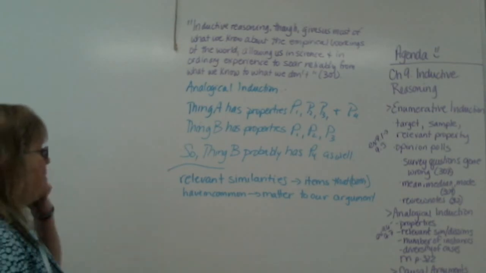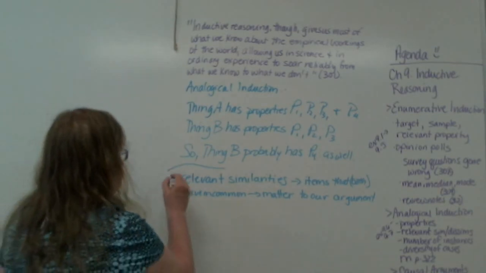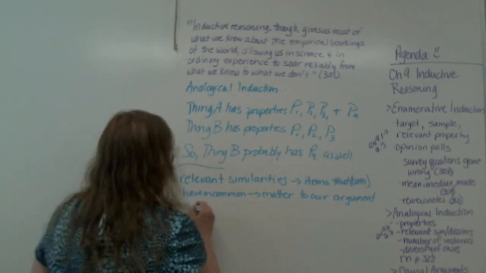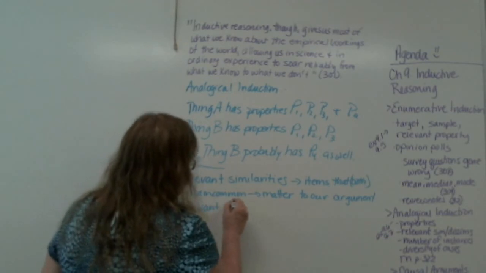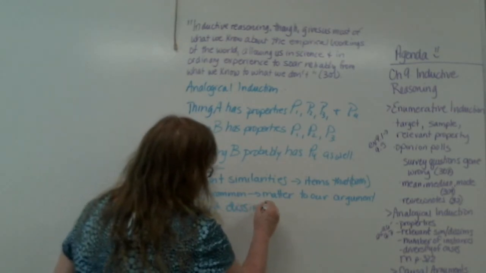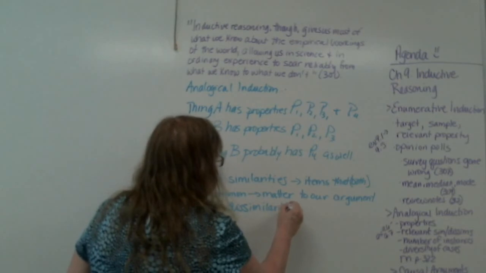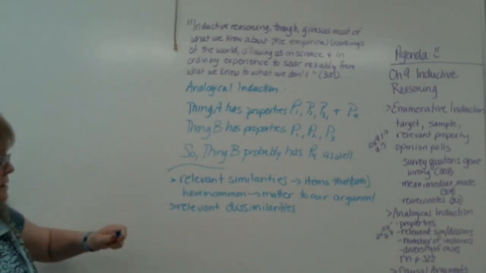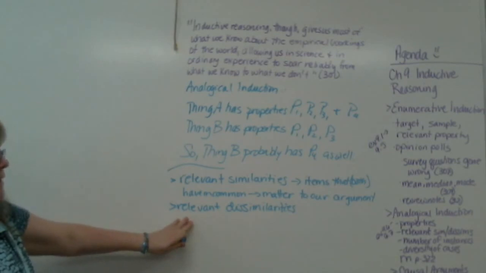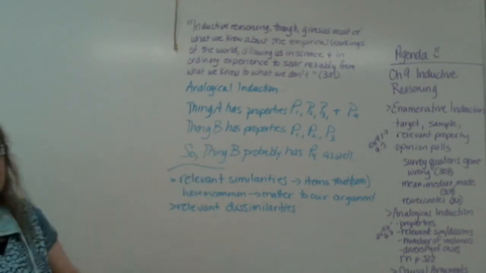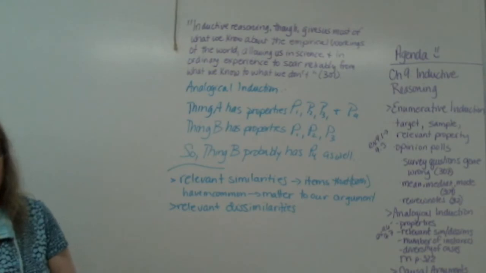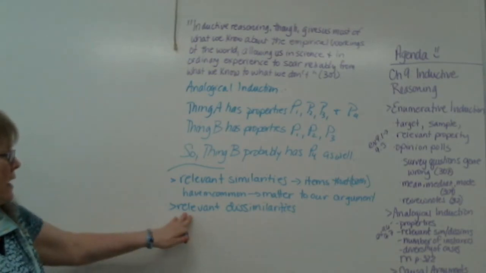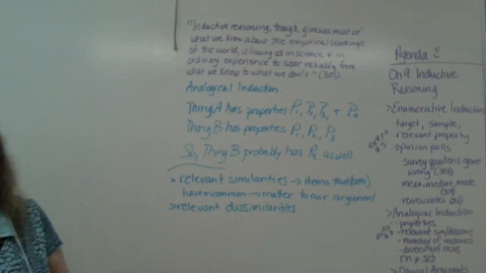The other thing we have to think about is relevant dissimilarities. Ways in which our two things are different that might play into this idea of a prehensile tail. Well, they can walk upright.